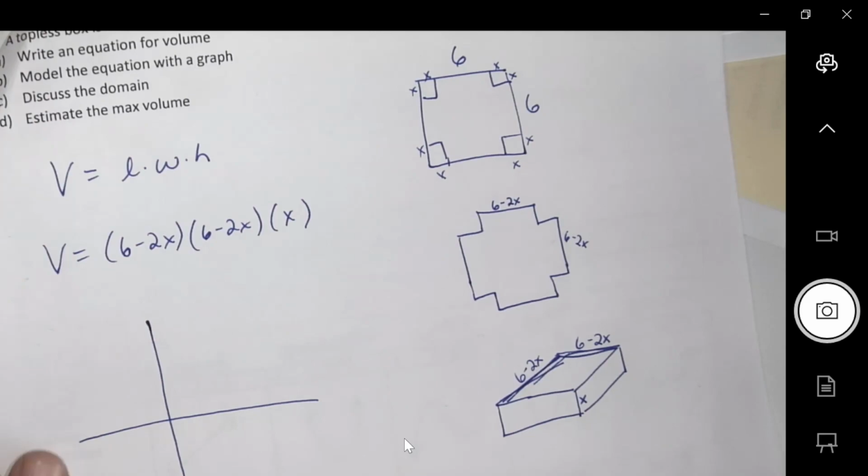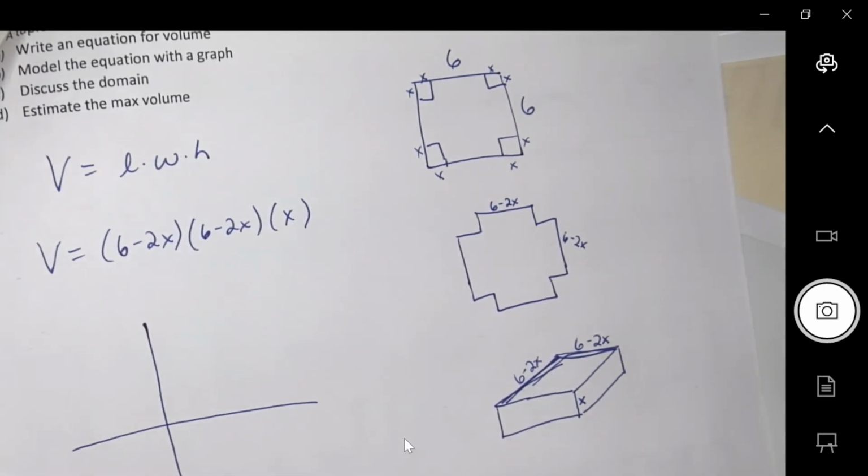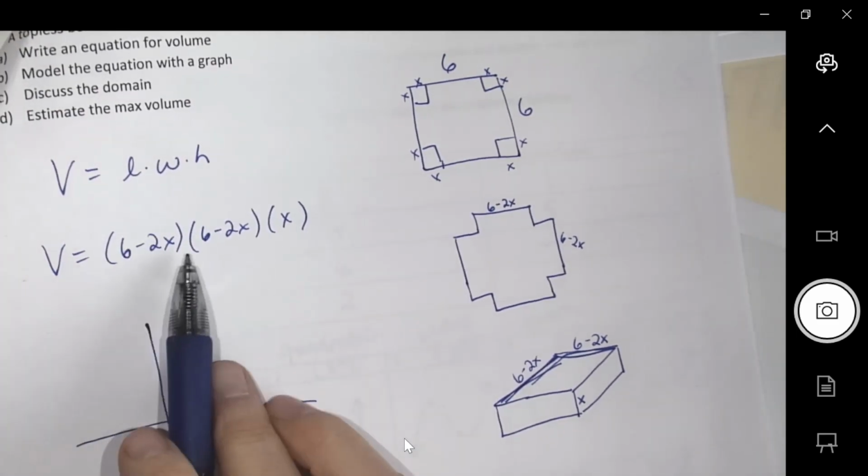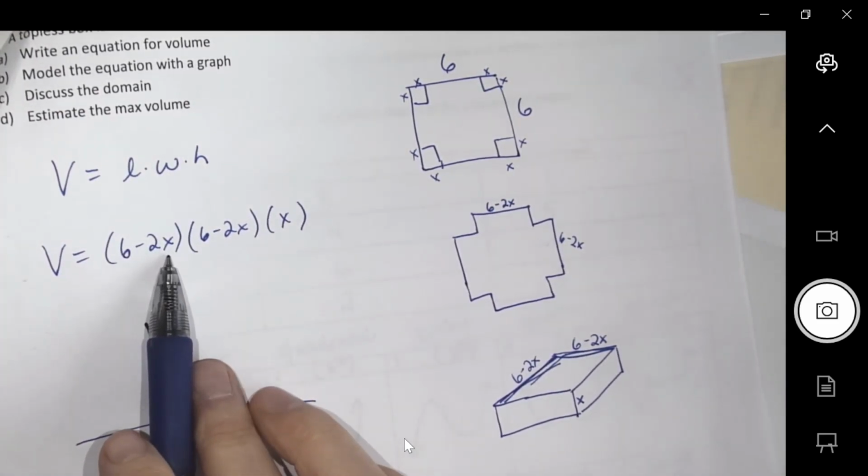Okay, tell me where to put the x-intercepts of this to do a graph. What value do I need for x to make this bracket worth 0?